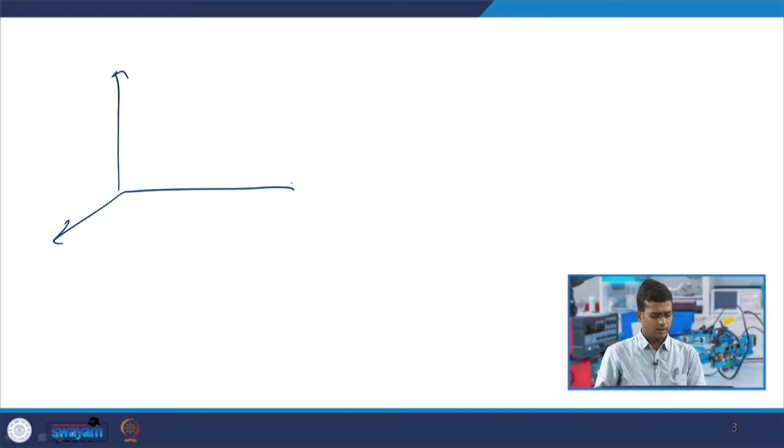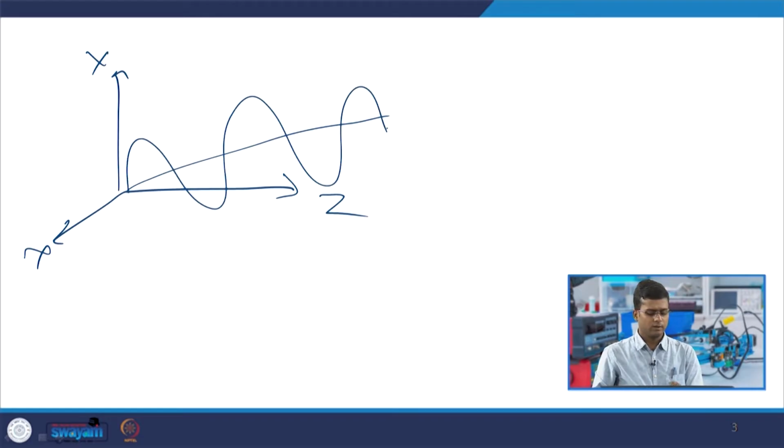These two are called independent solutions of the wave equation. If you make a linear combination of them, you can have a wave in another direction. So, suppose you have x, y, z, and you have a wave traveling in this direction r.